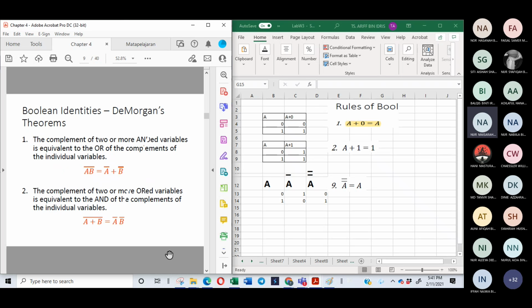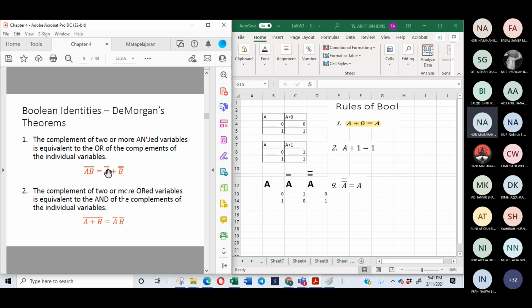Then you can prove the Boolean identity, De Morgan's theorem. (A AND B) bar is equivalent to A bar plus B bar. You must AND first, then only you complement it.